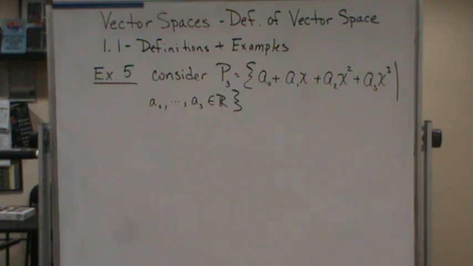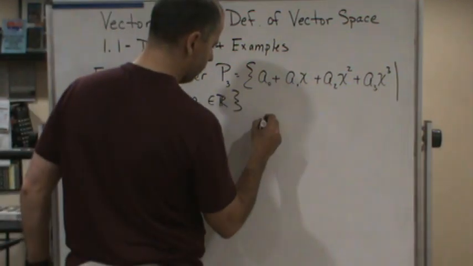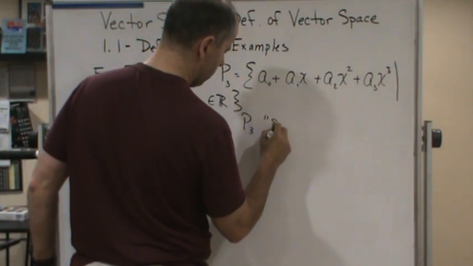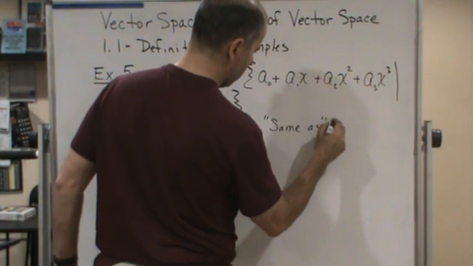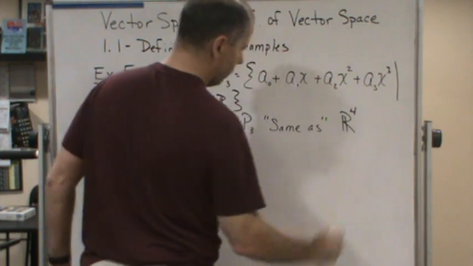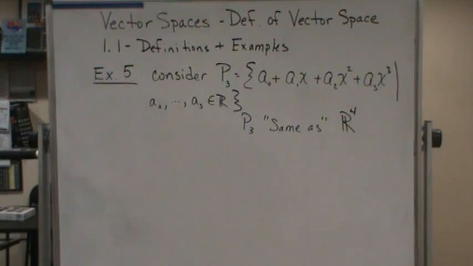Now here's the interesting thing. Although P3 is not a subspace of any real vector space R to the n, or R to the 4, we can think of P3 as sort of, quote unquote, the same as, and I use that loosely, the same as R4.